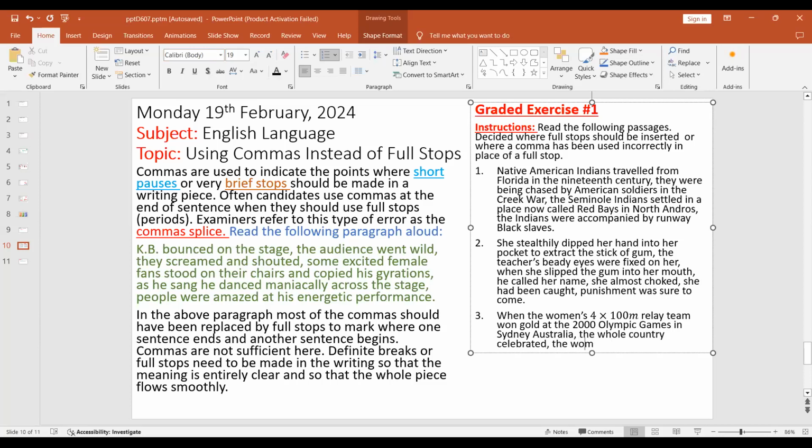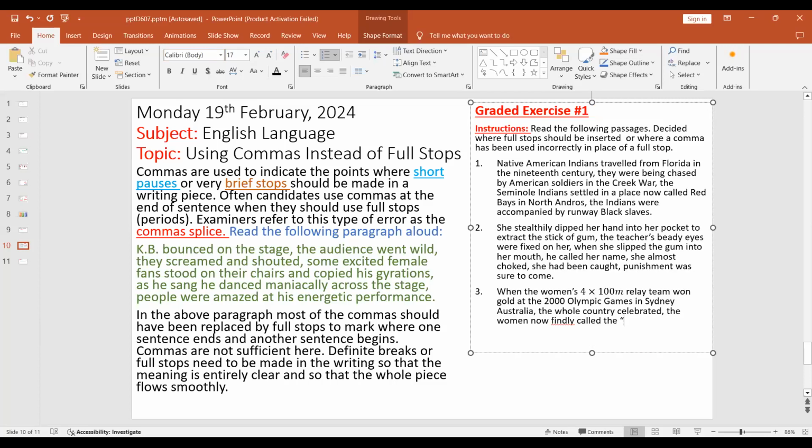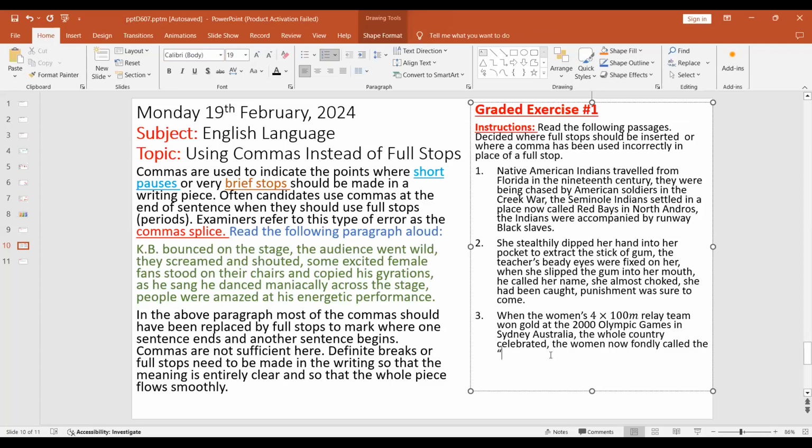The women, now fondly called the Golden Girls, were Pauline Davis, Thompson, Shonda Stirrup. Anyone know about the story of the Golden Girls?